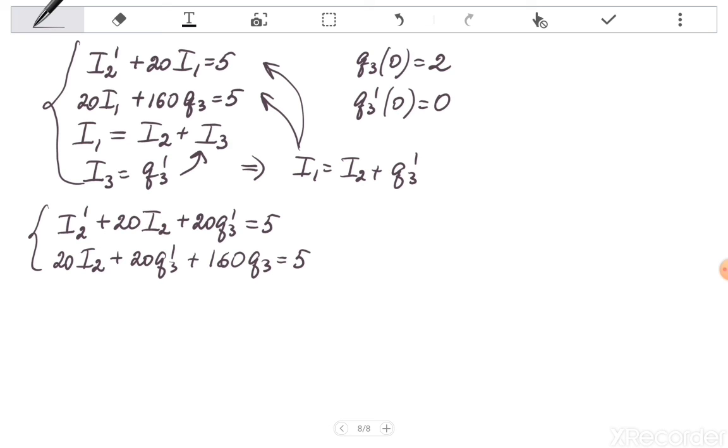We can find I2 from the second equation.